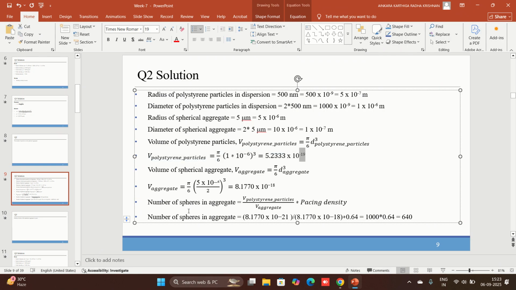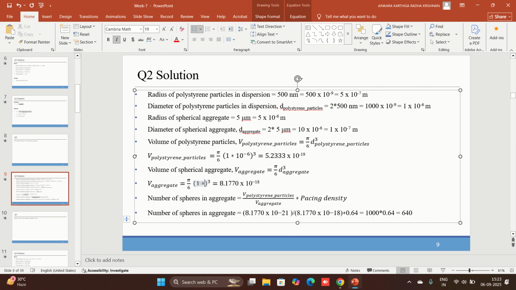Now the volume of the spherical aggregate is pi by 6 diameter of aggregate cube. The diameter of polystyrene particle is d polystyrene, and the aggregate is d aggregate, and the volume of aggregate is d aggregate cube. Again this is different, 1 into 10 power minus 7.